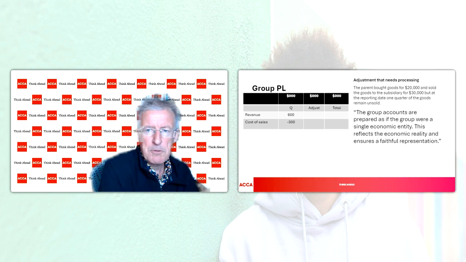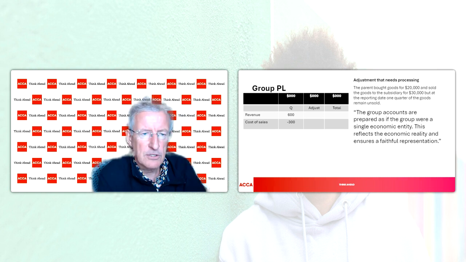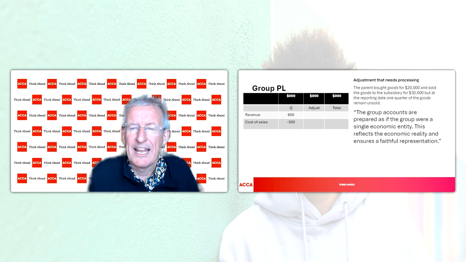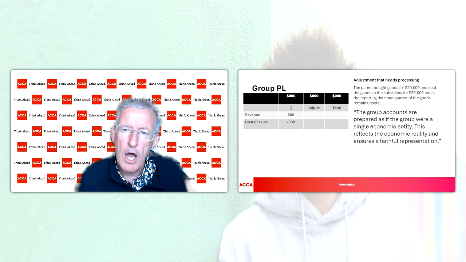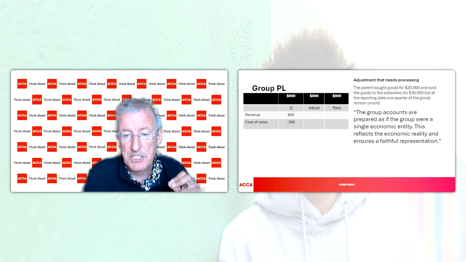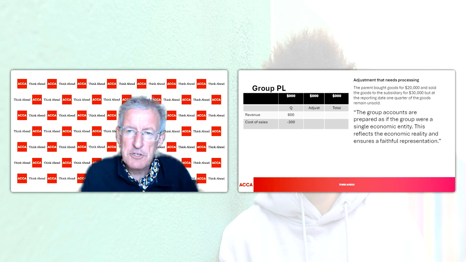Group accounts are prepared as if the group were a single economic entity. This reflects the economic reality and ensures a faithful representation. Although question 1 will require you to update a pre-populated spreadsheet, it is also inevitably the case that you will be asked to explain, to justify the adjustments you are making.